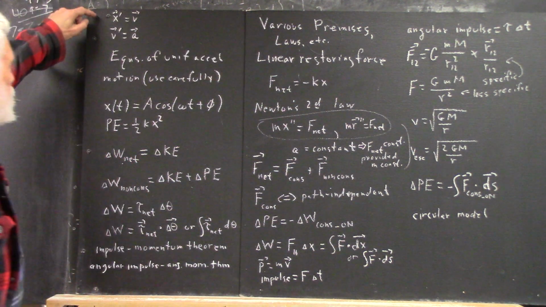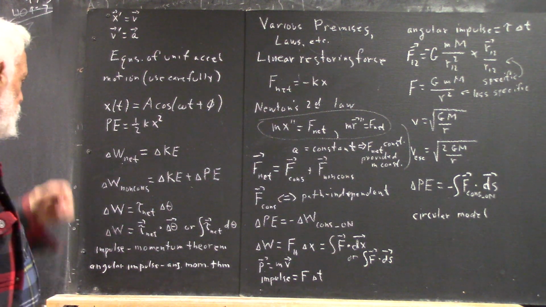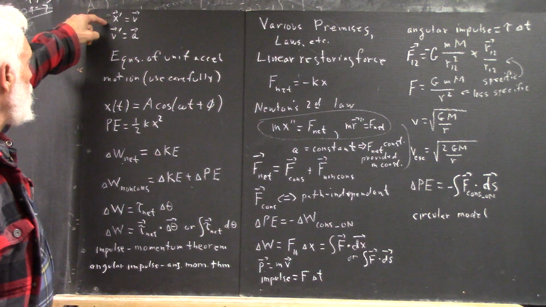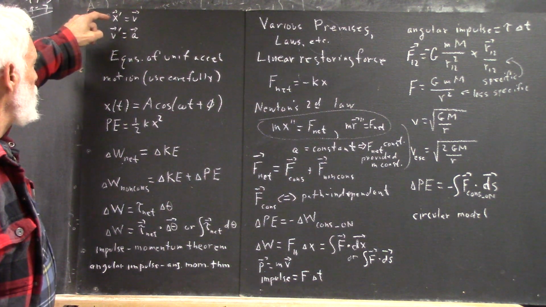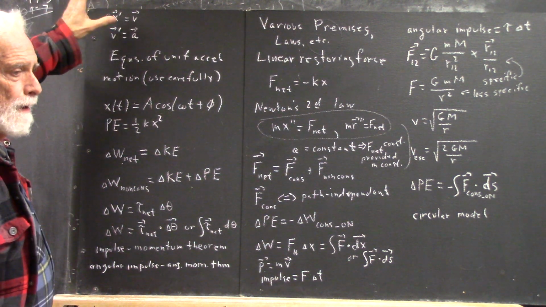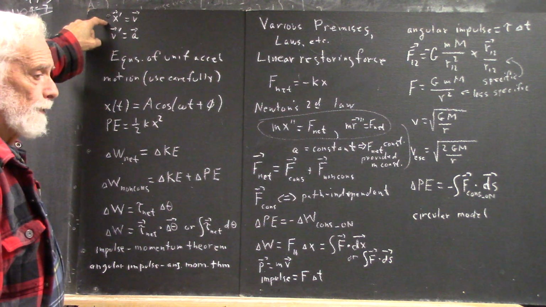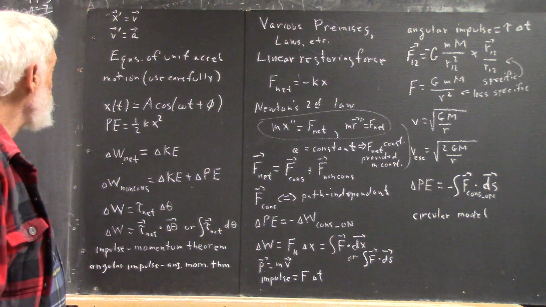Another one that I wrote over here, where I'm just writing some of the consequences of these things, is that velocity is the derivative with respect to time of position, and the prime is implicitly with respect to time, and acceleration is the derivative with respect to time of velocity.